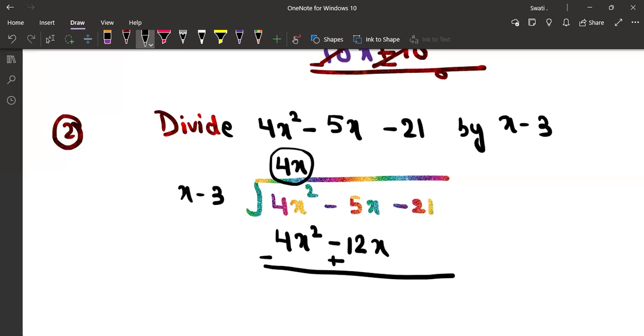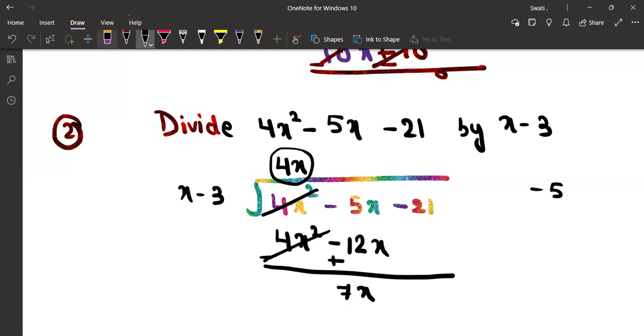We will cancel 4x square with 4x square. Very good. And what's the answer for the next? It is minus 5x plus 12x, so 7x. Very good. It is 7x with the plus sign because with 12x you have plus sign, that's a bigger number.